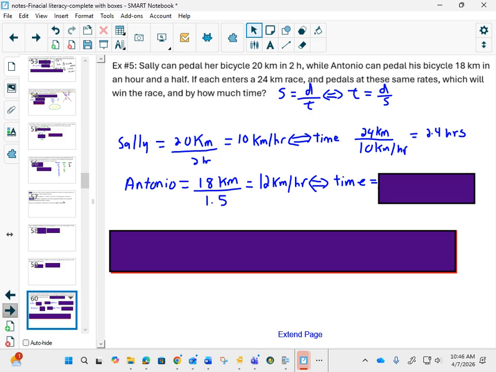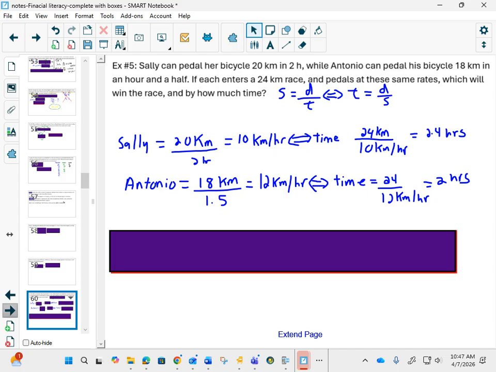You could already tell that Antonio's going to win, because he's traveling faster. So once you find the unit rate, you can say, I know that Antonio's going to win. If he goes 12 kilometers an hour, how long is it going to take him to do the 24-kilometer race? Exactly 2 hours.